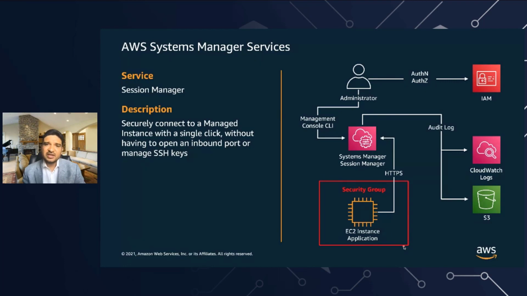What's different here is that you don't directly connect to the EC2 instance. Instead, you interact with the Session Manager service, and it emulates or simulates your SSH session. It will look and feel like an SSH session, but nothing is actually going into the server.